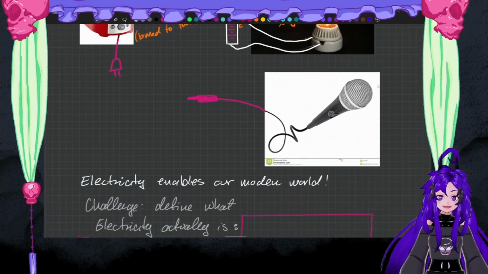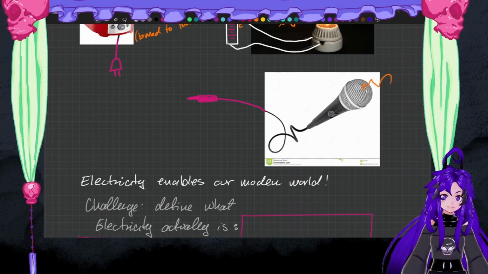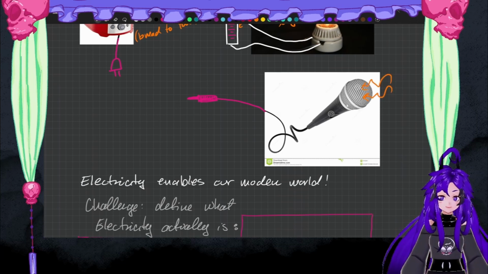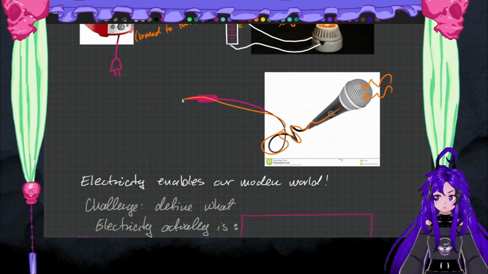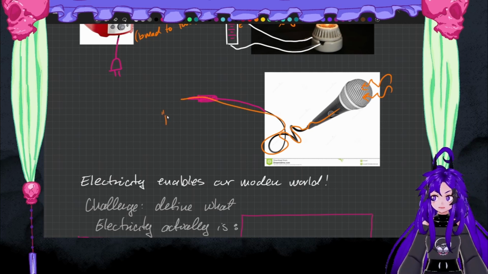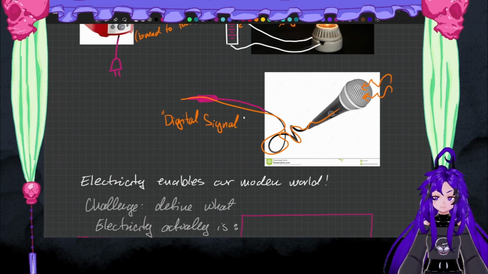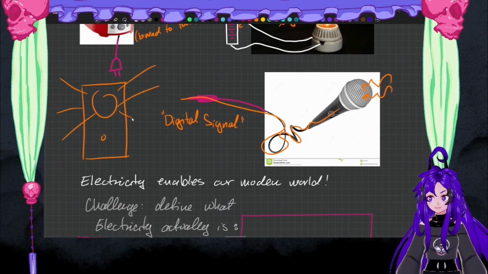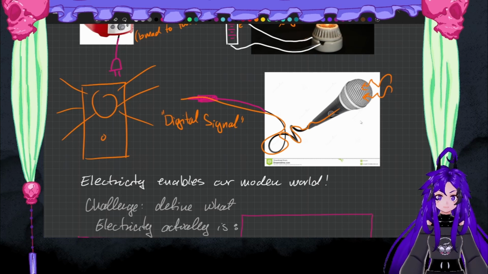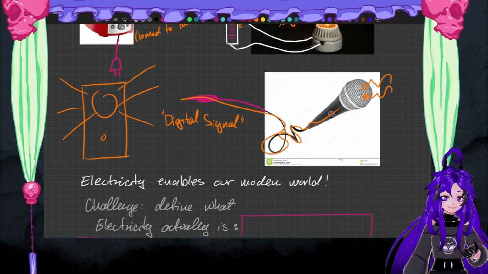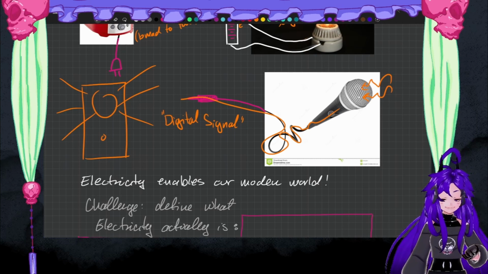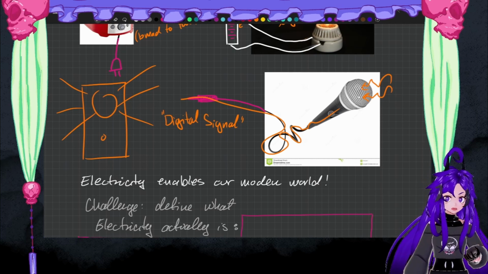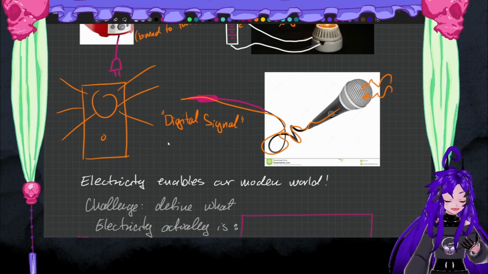Then there's this microphone. This microphone turns sound waves into something, right? It turns it into what we call a digital signal. And you can plug it into an amplifier and get big sound, right? Because it's converted what's out here in the physical world, an analog sound, the sound of your voice, into electricity, right?